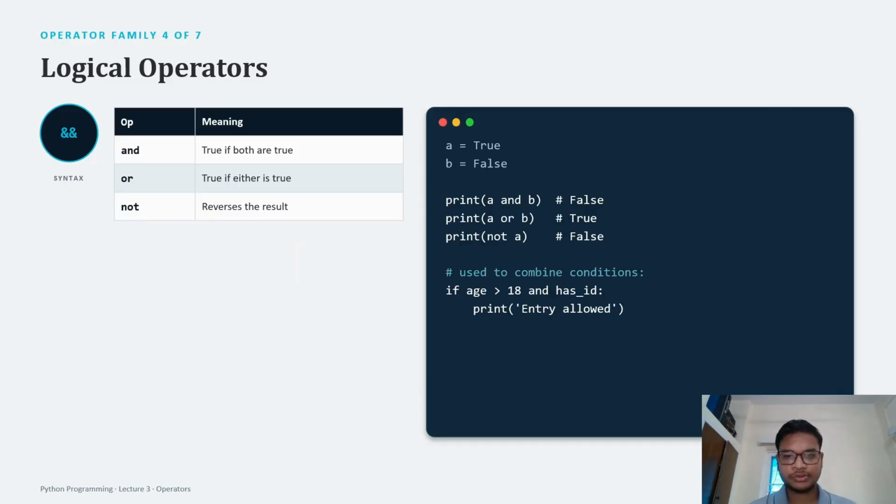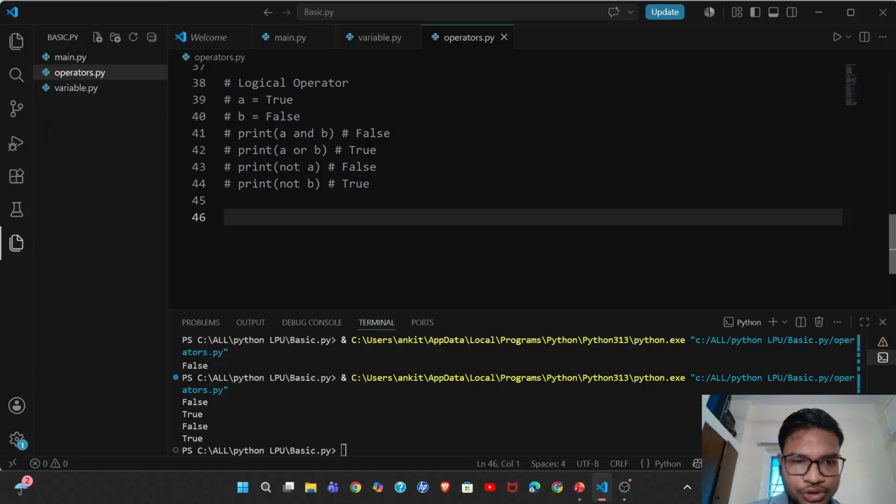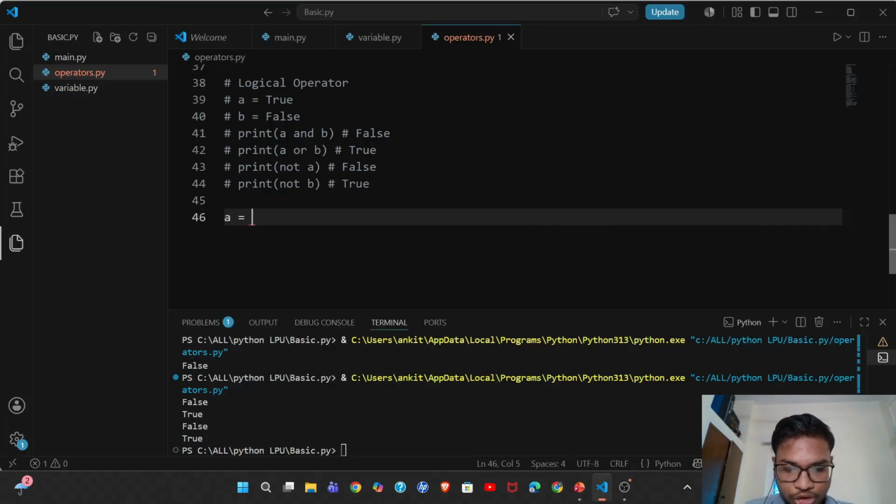Let's try this code. I know you don't understand this code at this point, but let's try. What do you mean about this code? I will give you some assumption, like just think A equal to 20.